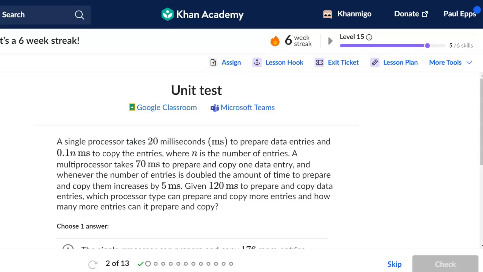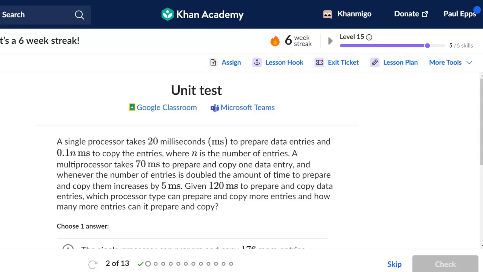All right, full disclosure, I had to look at the second part of this for a long time to work it into something that made sense to me. So I'll tell you the assumptions that I'm going to make about it. So a multiprocessor takes 70 milliseconds to give you one data entry.